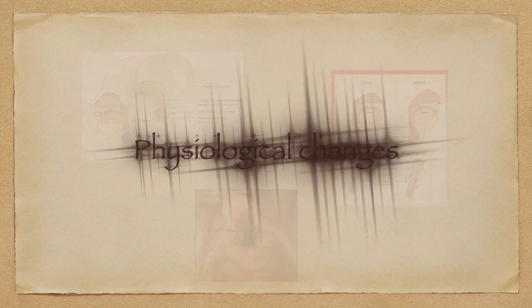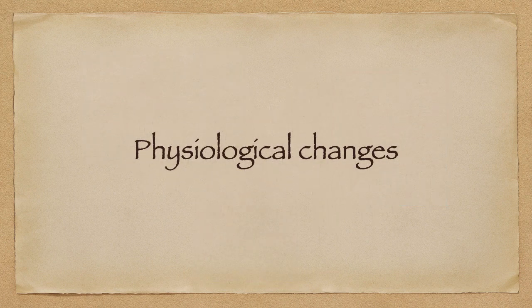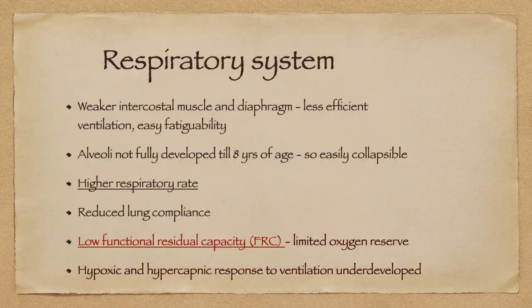So, what are the physiological changes you can see? First, we will talk about the respiratory system. The intercostal muscles and diaphragm are weaker, so they are less efficient for ventilation, and there will be easy fatigability. Alveoli are not fully developed till 8 years of age, so you can see easily collapsible alveoli.